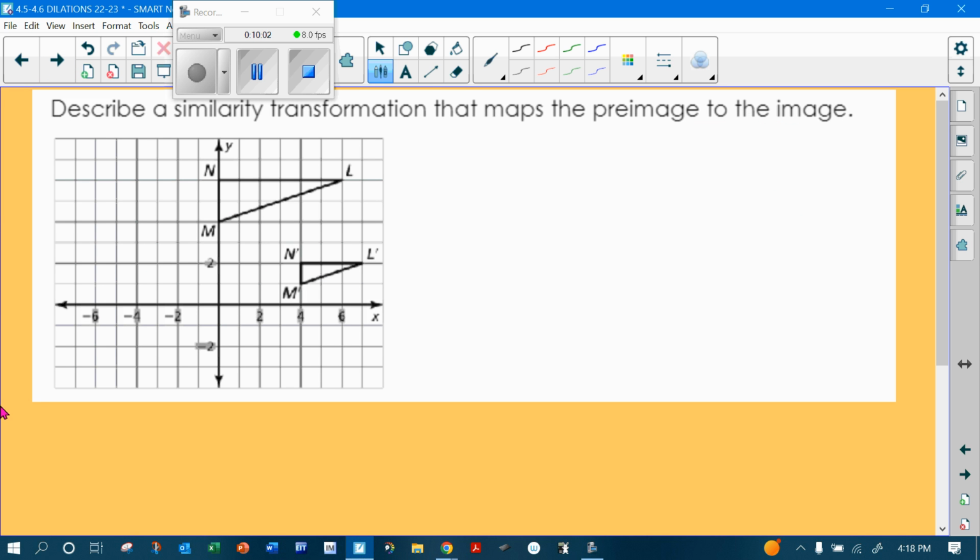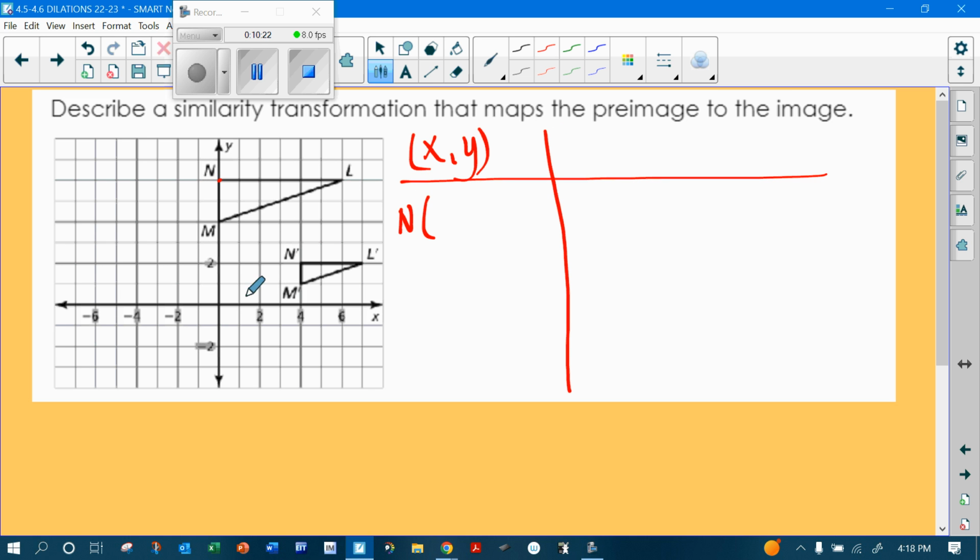All right, this one says to describe the similarity transformation that maps the pre-image to the image. So if you look at your original, N, L, M, we're going to look at our X, Y. N is at 0, 6. M is at 0, 4. And L is at 6, 6.